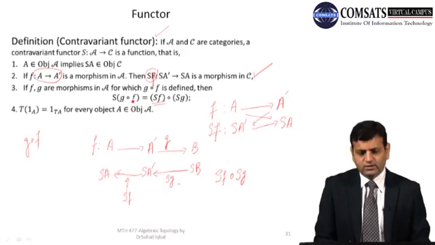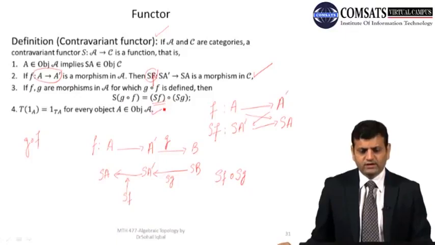You can see that the ordering of G and F has been interchanged. So G circle F goes to SF circle SG. Similarly, the last condition is the same: identities should go to identities. This is how we define a contravariant functor.